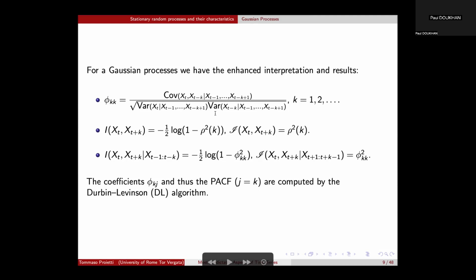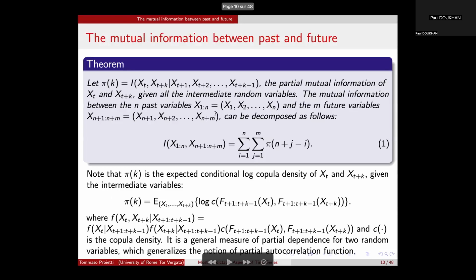Now, if you condition on the intermediate random variables, then you have the partial mutual information. In the Gaussian case, it's a function of the partial autocorrelation at lag k alone. It's this transformation of the partial autocorrelation, or if you take the mutual information index, it's the square of the partial autocorrelation. And these things, as we know, are efficiently computed by the Durbin-Levinson algorithm.